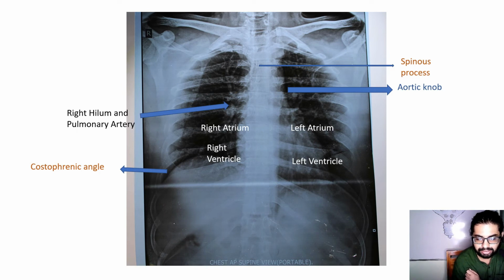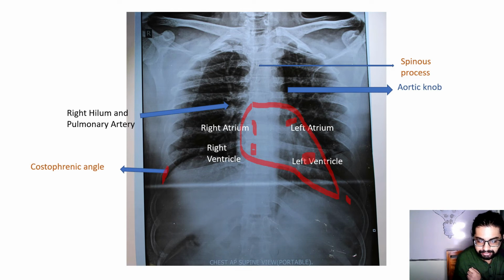Over the heart. This is the heart. This is the right atrium, right ventricle, left atrium, left ventricle. This is the costophrenic angle.